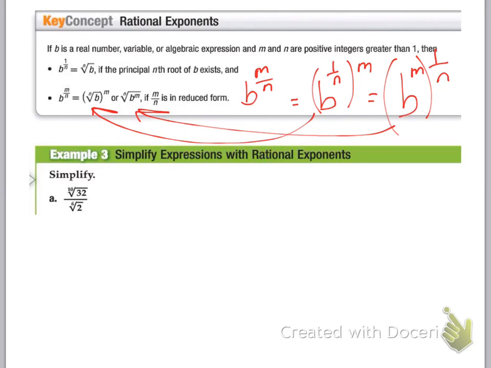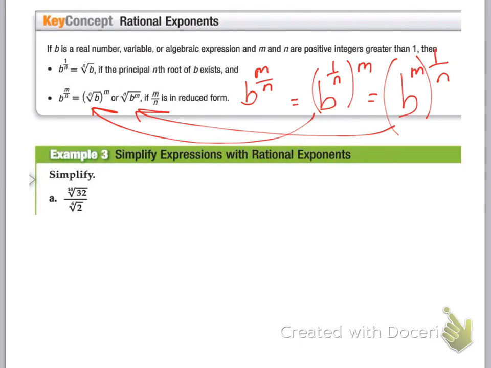So what we should do on this problem is think of how can I simplify roots. And if you notice, this is the 10th root of 32 over the 6th root of 2. It'd be way more convenient if the roots were the same, because then I could combine those numbers.